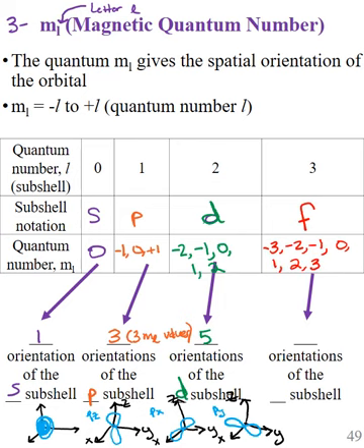Okay, so then how many orientations could I have? This will give me 7 orientations because there's 7 numbers. And so there are 7 orientations of the F subshell. Now, if I try to draw the F subshells, it would be a very sad day because those are insanely hard to draw. So the S subshell, very easy to draw, and as you move up, they get a lot tougher.